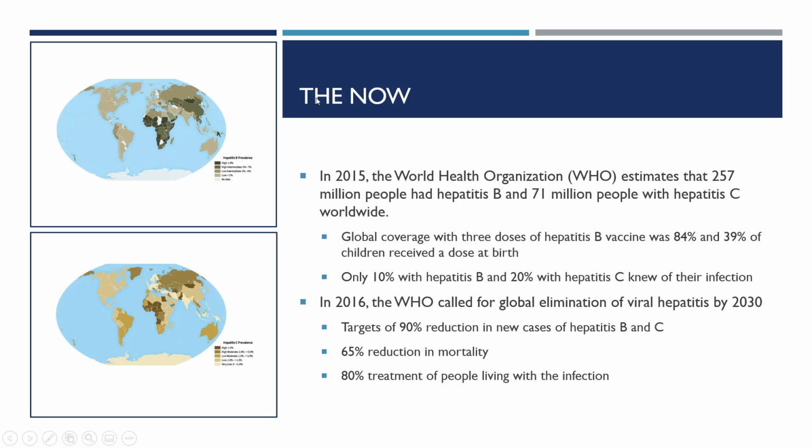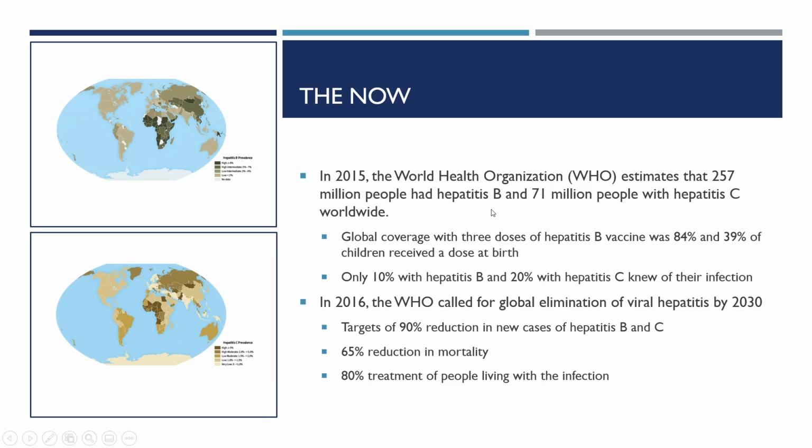So now, in 2015, the World Health Organization, WHO, estimated that 257 million people had hepatitis B and 71 million people had hepatitis C worldwide. Global coverage with 3 doses of hepatitis B vaccine was 84%, and 39% of children received a dose at birth. And that's worldwide.